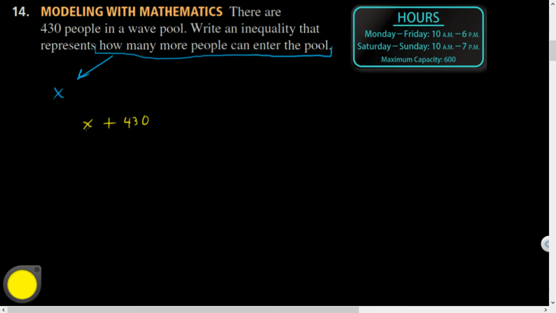So if I add those together, that needs to be what now? How could I relate this? I want to relate this to the maximum capacity, right? And how does that relate to 600? They wanted an inequality.